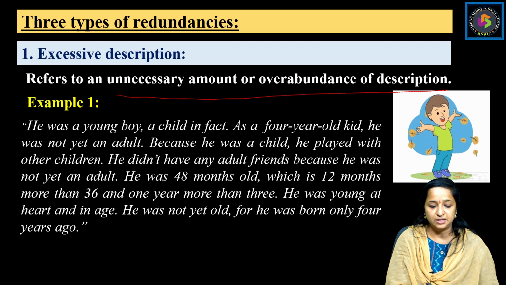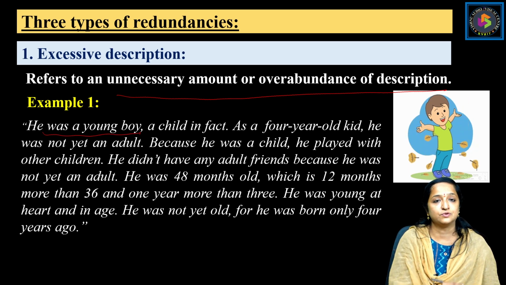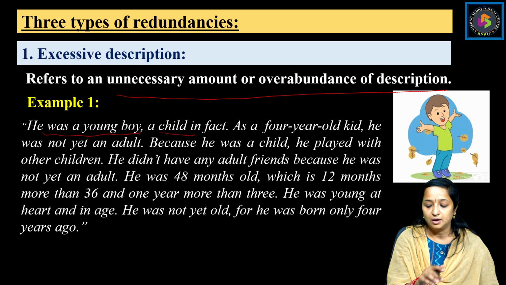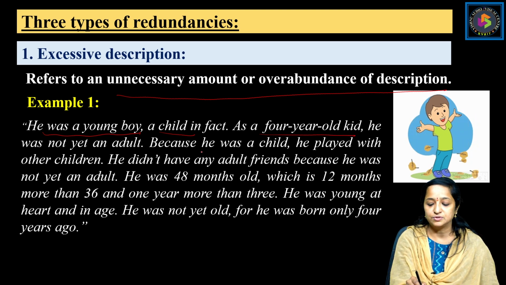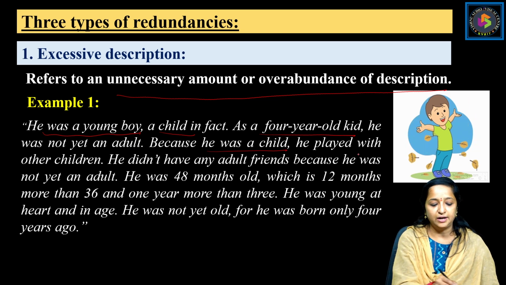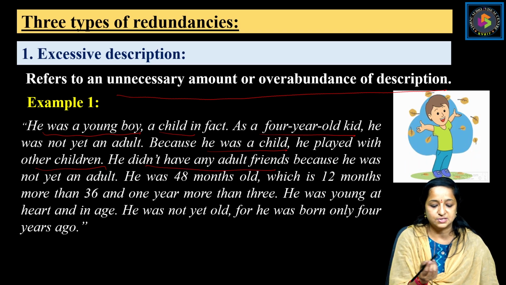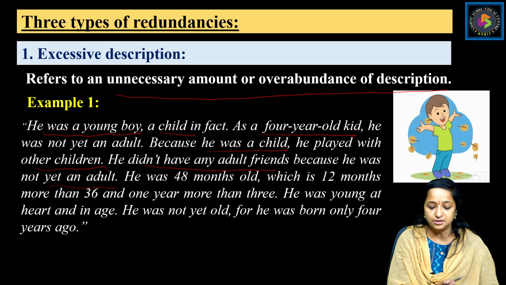Here we can see that the first sentence reflects he was a young boy, a child. Again, it's repetitive: 4 years old kid. Then again, in the second line, it was repeated: he was a child, and obviously as a child he plays with other children only, and being a child, he will not have any adult friends because as he's a child, he is not an adult.